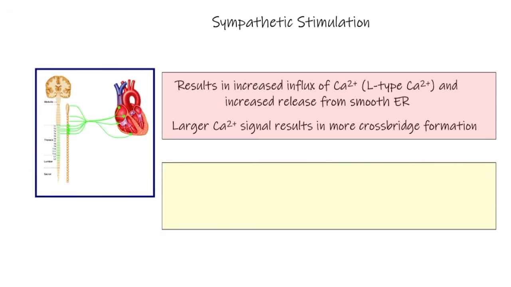So as the combined effects of these two on calcium, this larger calcium signal results in more cross-bridge formation. Additionally, sympathetic stimulation has an impact on troponin. And although troponin still binds to calcium very readily, the sympathetic stimulation of troponin interacts with it in such a way that it causes the calcium to be released more readily.